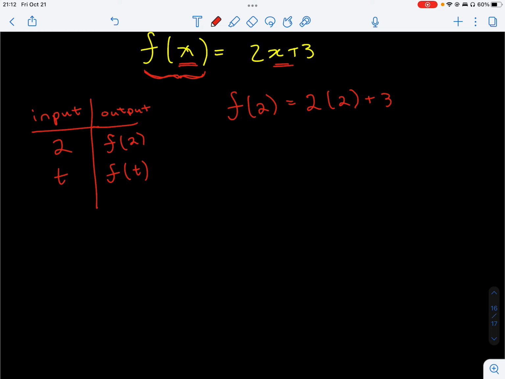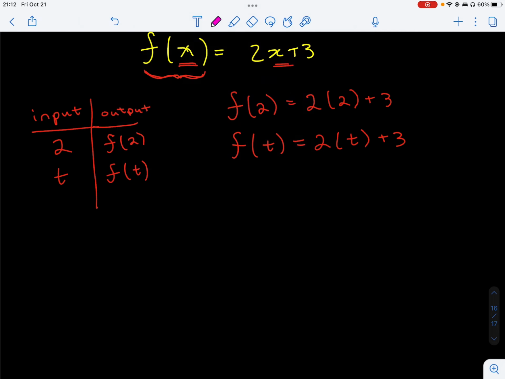I'm just writing a different representation for it. The reason I'm doing this is to show that the process for plugging in non-numbers is essentially the same. Wherever you see x, you put what you have as your input. So f of t is equal to 2 times t plus 3.